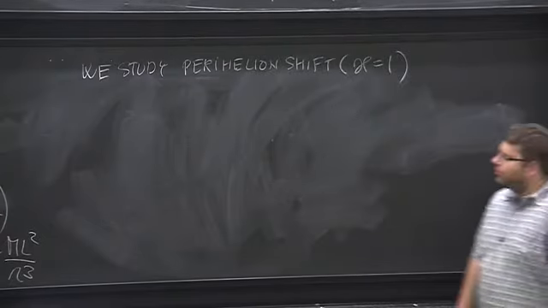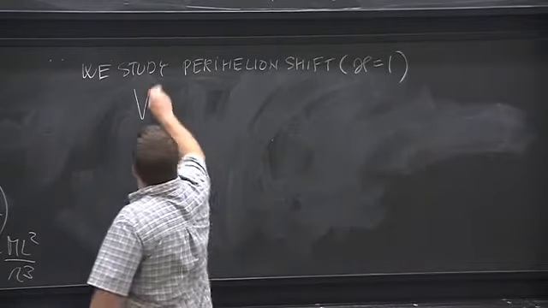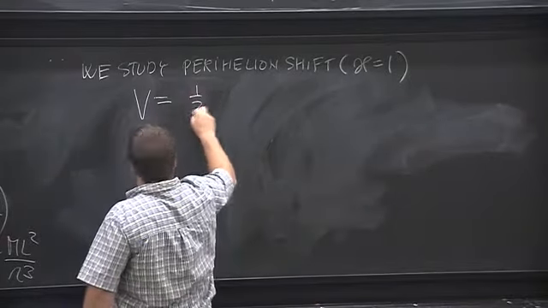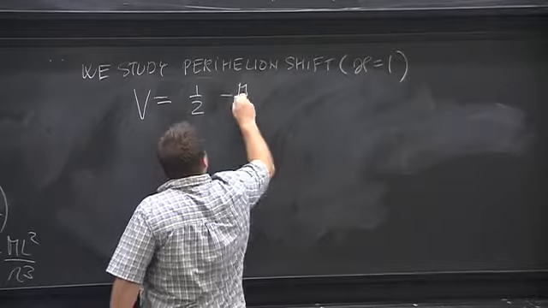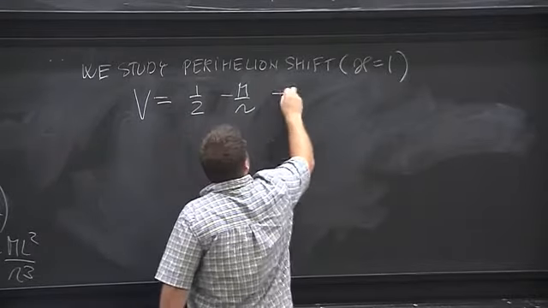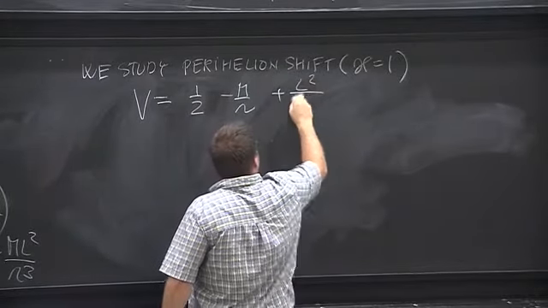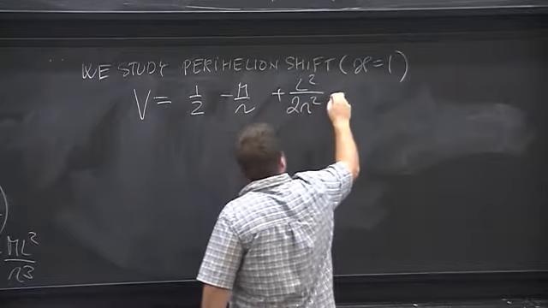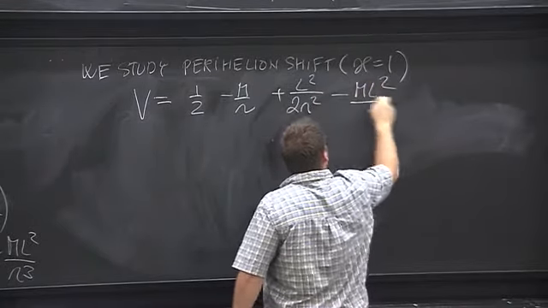All right, so our effective potential is V equals 1/2 minus m over r, plus L square over 2r square minus mL square over r cubed.